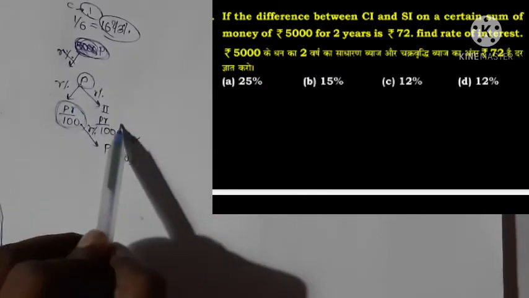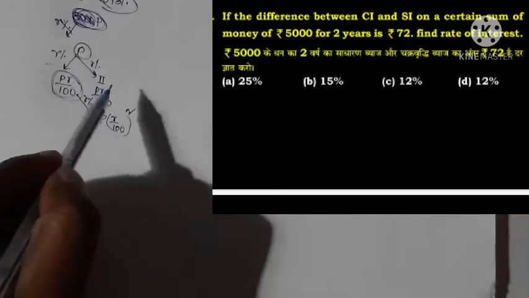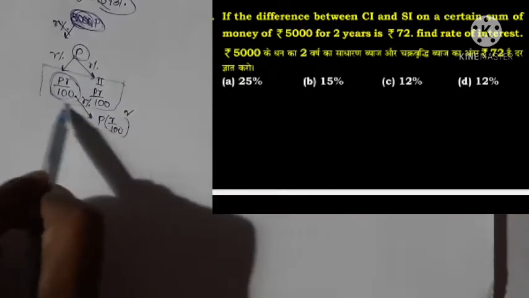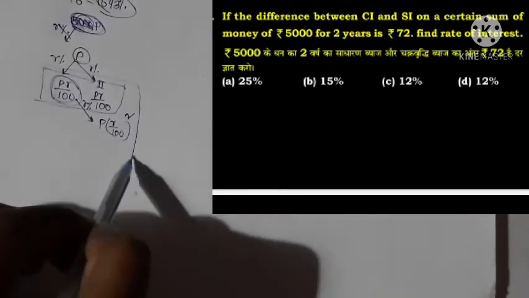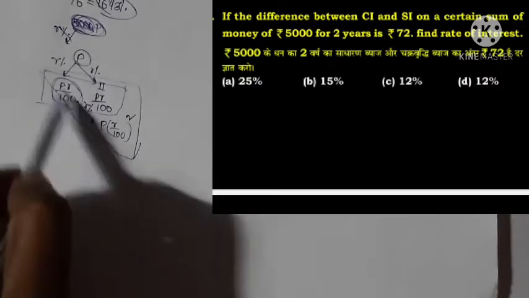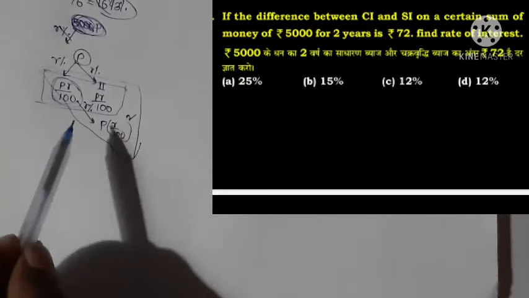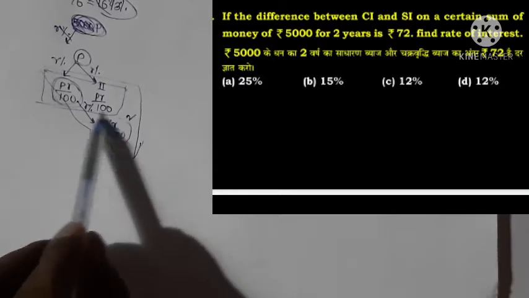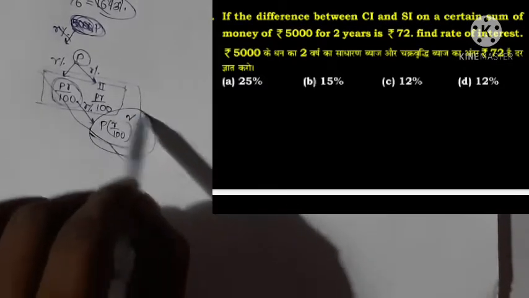So this is simple interest. This is simple interest, and this total is compound interest. So the difference between CI and SI is represented by this part.